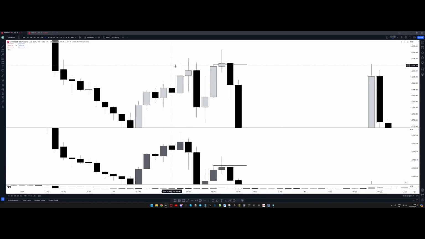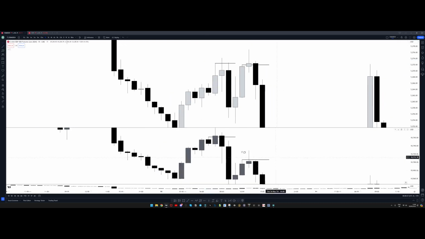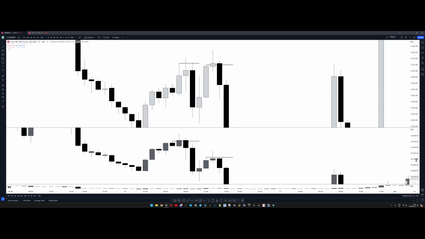Here, Nasdaq does not respect the range and it closes outside the range, yet ES makes a 3 candle model perfectly and closes inside. What happens here, guys? Look what happens here.